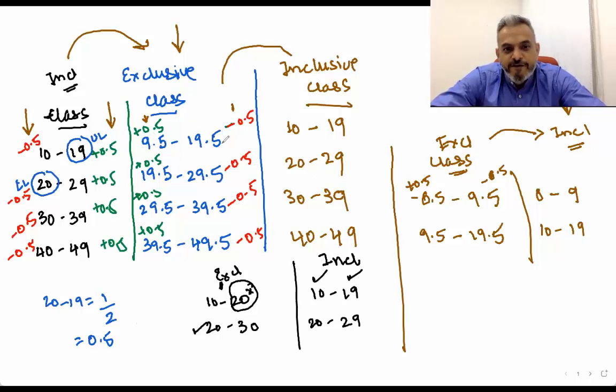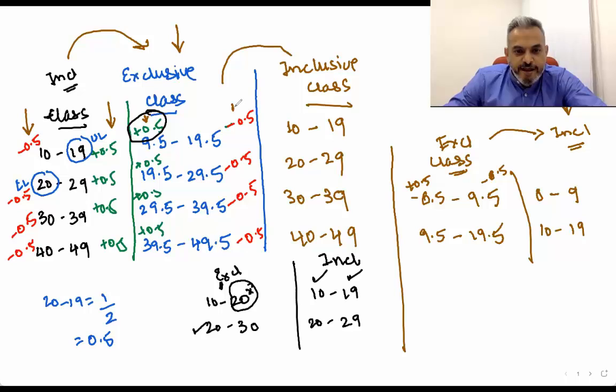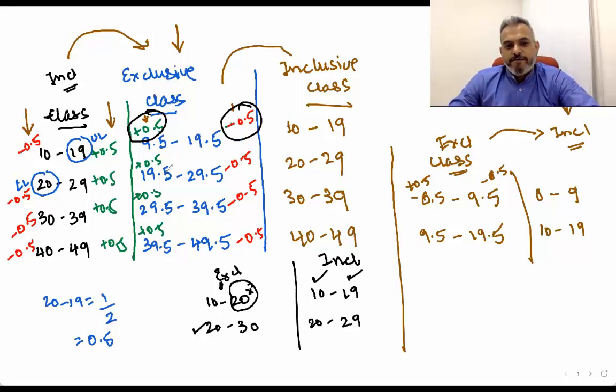But if 9.5 to 19.5 and 19.5 to 29.5 is given, and you want to again make it inclusive, here you add 0.5 and here you subtract 0.5. I'll just show it to you once again. Here you add 0.5, here you subtract 0.5.